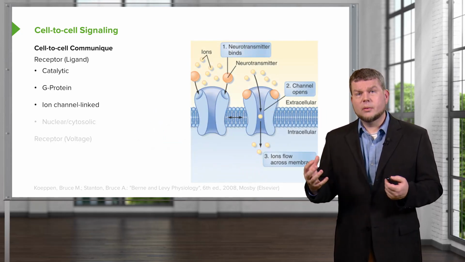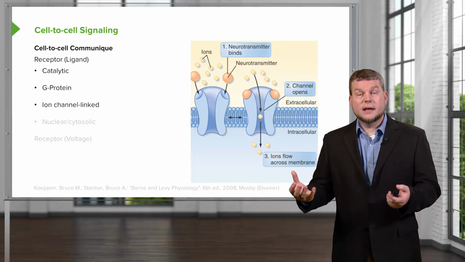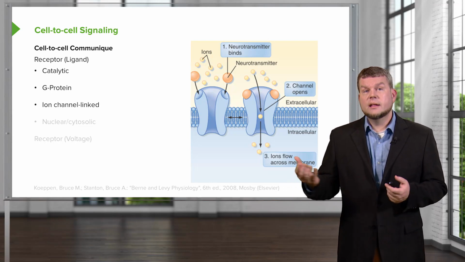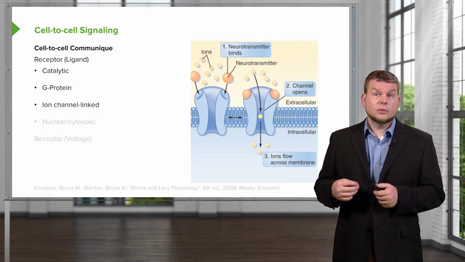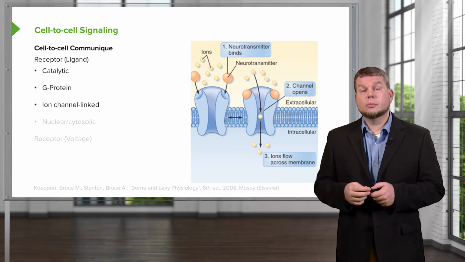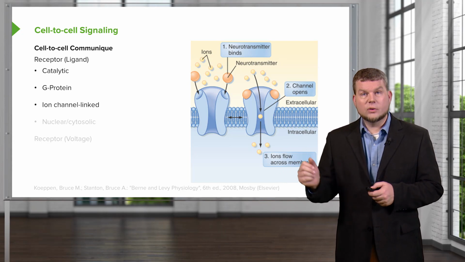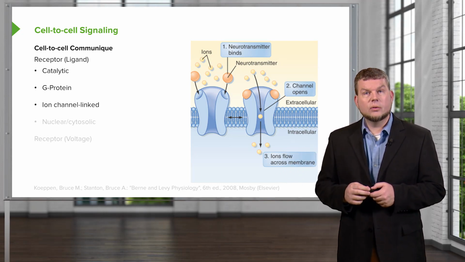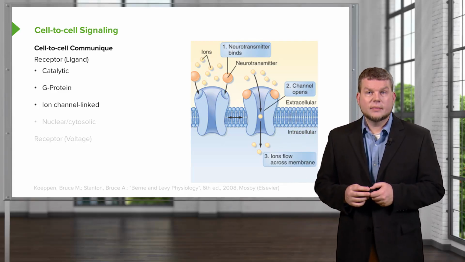Another example is you may need to have multiple ligands bind to a particular receptor to have it open up. The example that we're looking at here is an acetylcholine nicotinic receptor, in which you have a neurotransmitter, acetylcholine in this case, binding to this acetylcholine receptor to allow for ions to travel through.